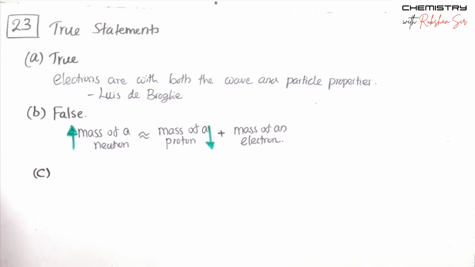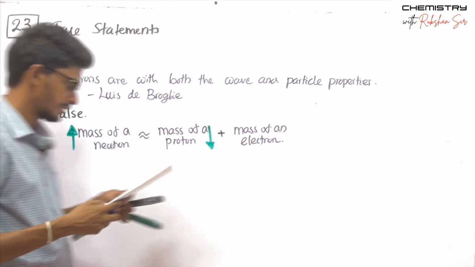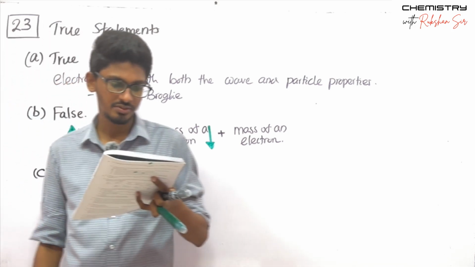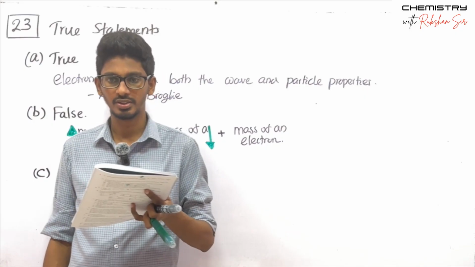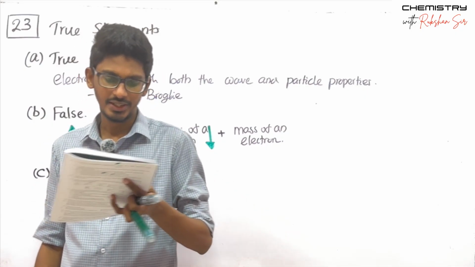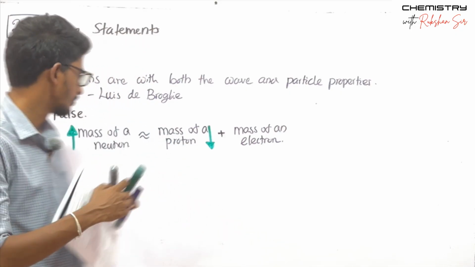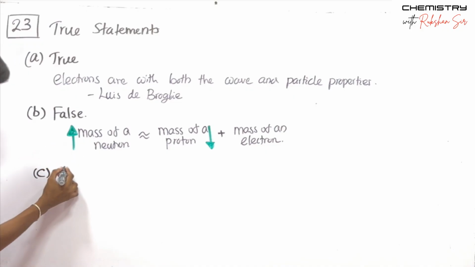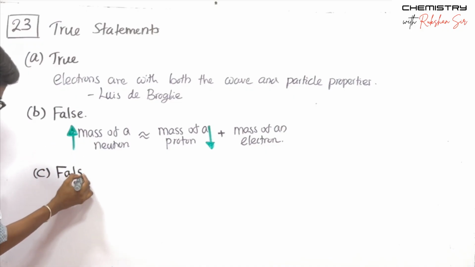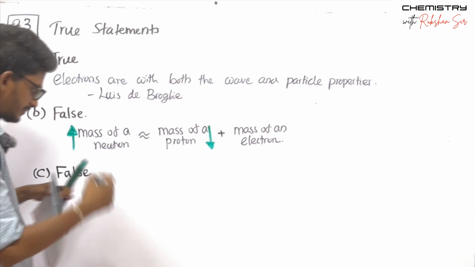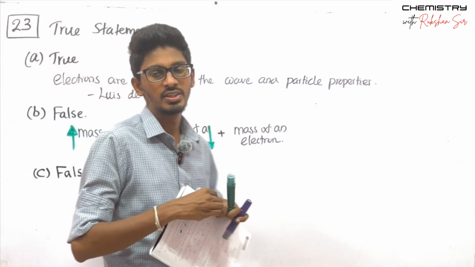Part C. See what it says. All atoms have electrons, protons, and neutrons. That statement is also false. Why? Because there is one atom which is not with neutrons.